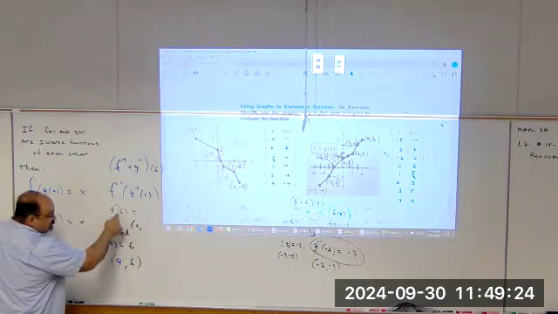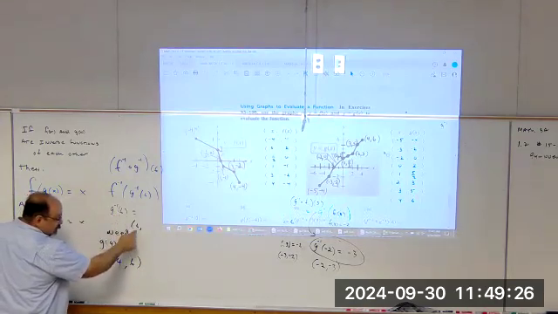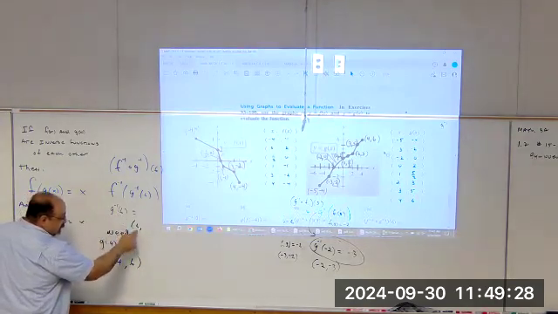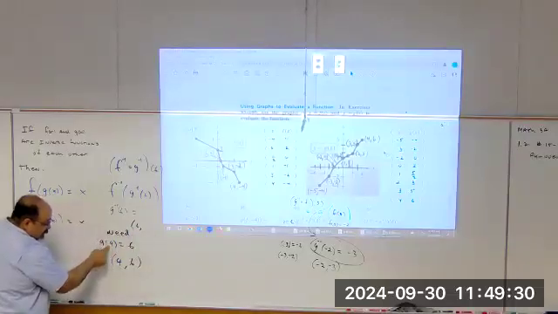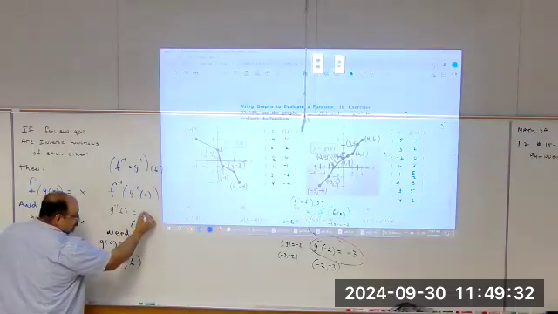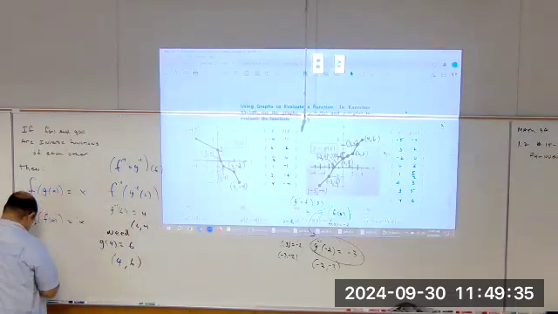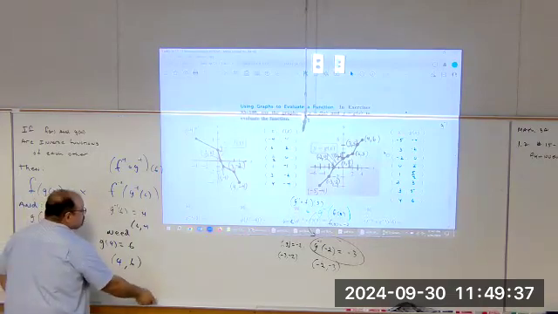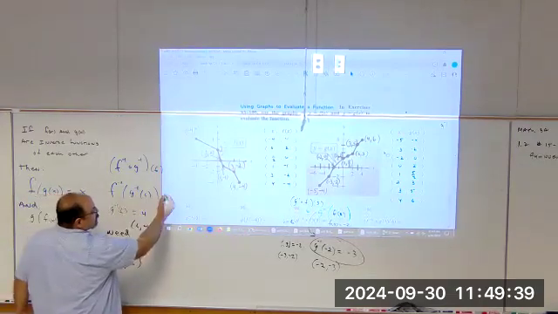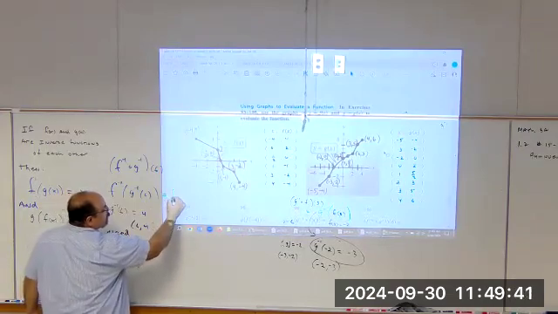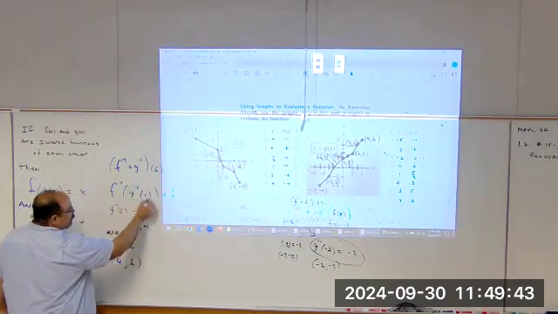So I want to plug 6 into the inverse function. If I'm plugging in 6, then what comes out is this x. This is just f inverse, and this is the 4.